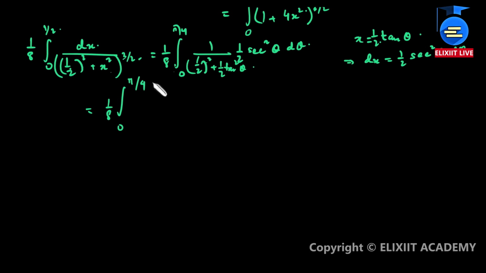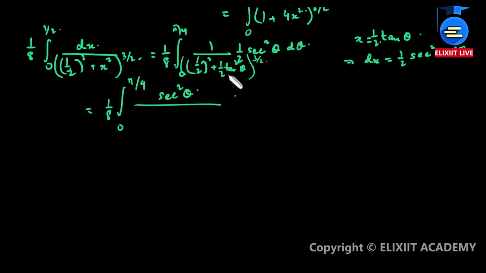Over here we have half sec square theta. Over here you will get half square, right? In the numerator we have sec square theta. And you take out 1 plus tan square theta whole to the power 3 by 2, which was also there. Sorry, I forgot to take this whole to the power 3 by 2.